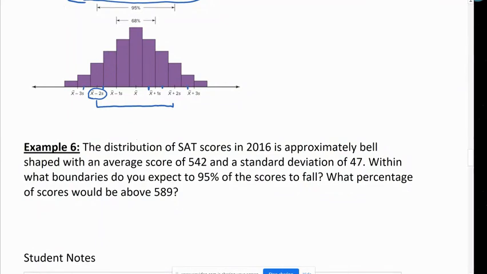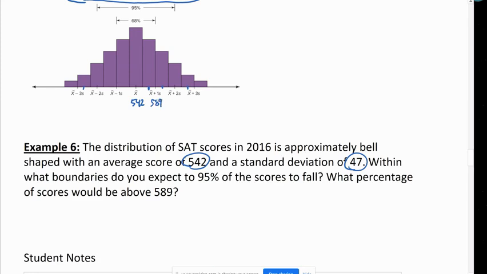Okay, so we can use this bell curve in this example for SAT scores. So suppose in 2016, the SAT scores followed a bell curve, and the average score was 542 with a standard deviation of 47. Okay, so on this bell curve, now we're saying this is 542, and the standard deviation is 47. So if you do 542 plus 47, that would put you at 589.